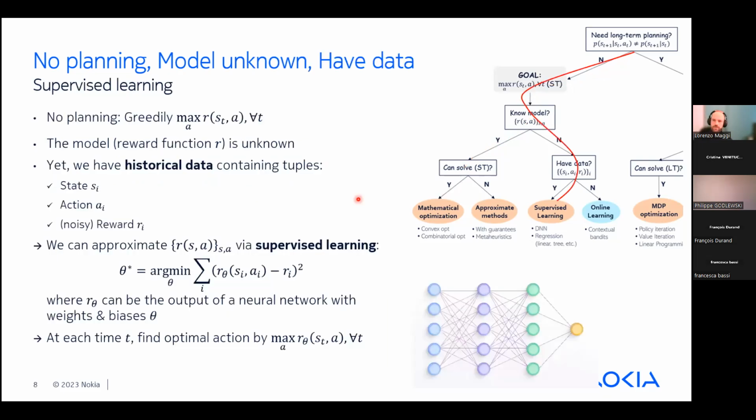Let's go to something less of a corner case, which is supervised learning. Here, the goal is still to greedily optimize your reward function now, but you don't know the model. You don't know the reward function.